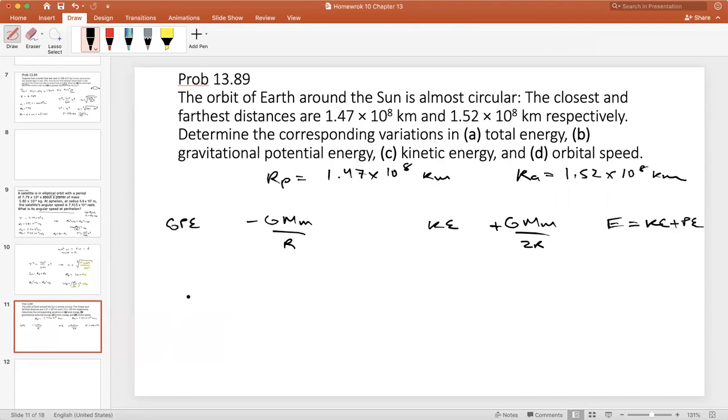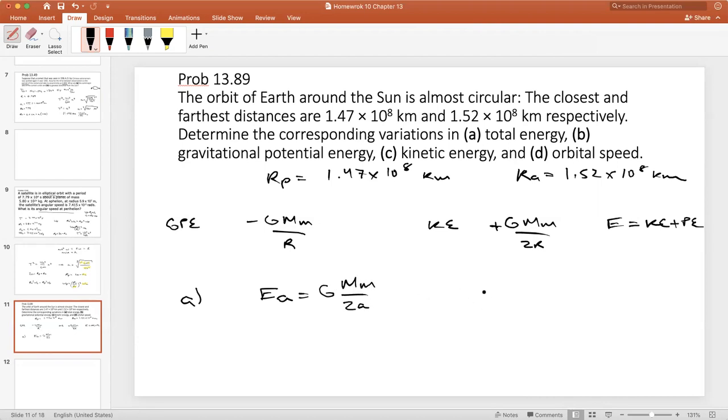So the total energy at RA and at RP, the energy at any point, has to be equal to GMm over 2A.